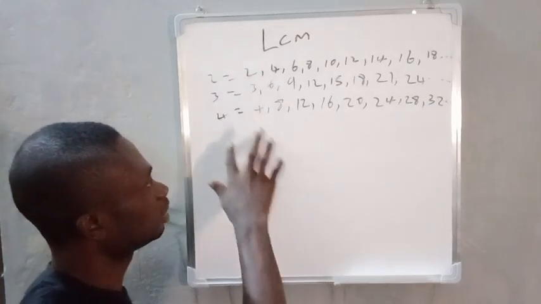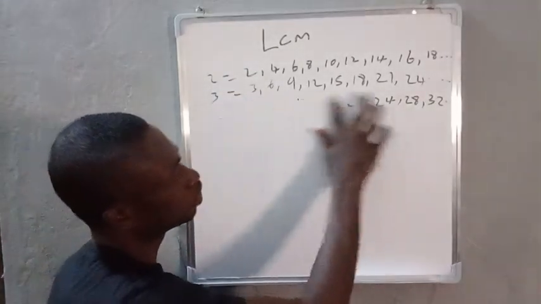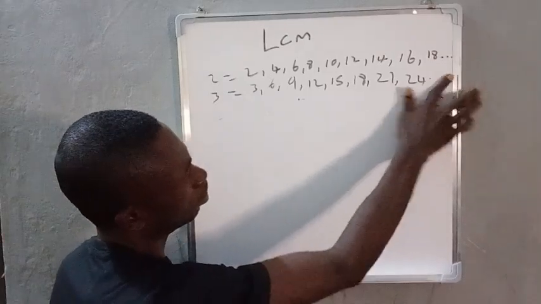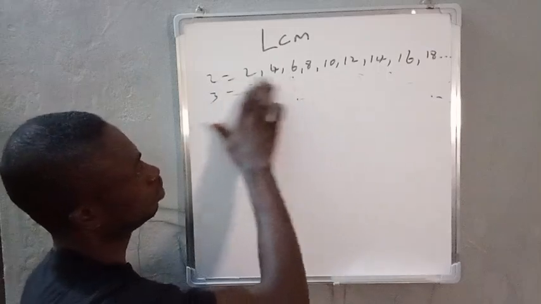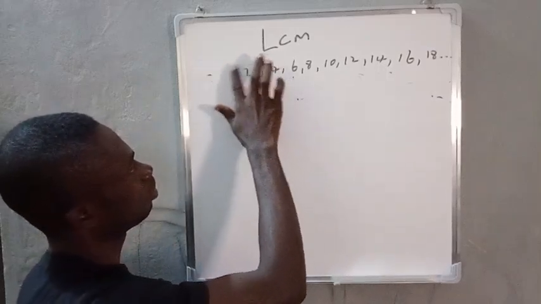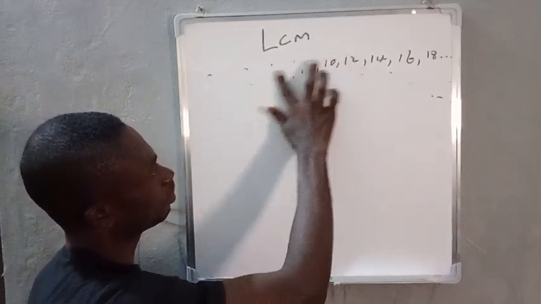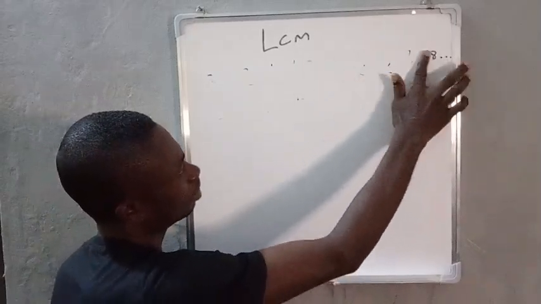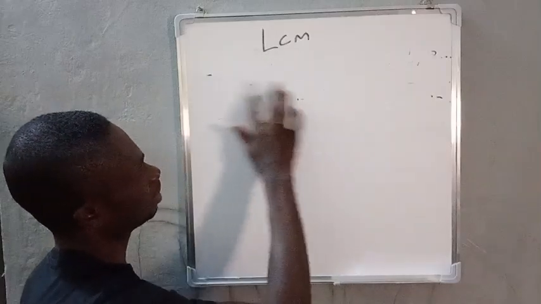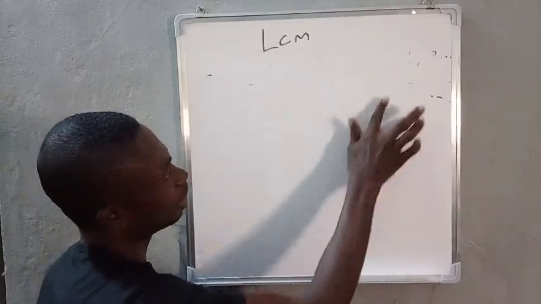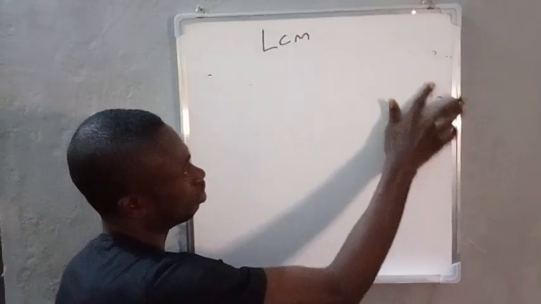It must be for 2 or more numbers: of 2 numbers, of 3, of 4, of 5, of 6 numbers. You can have LCM of as many numbers as possible, but you cannot have LCM of one number.